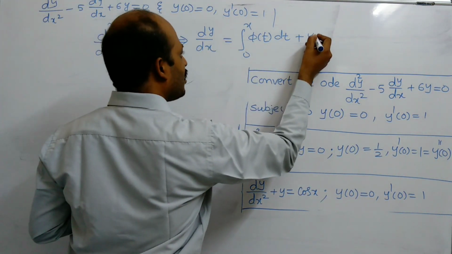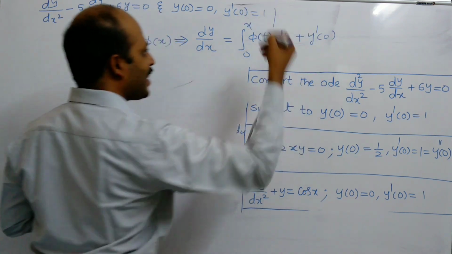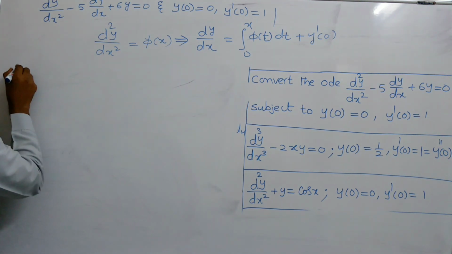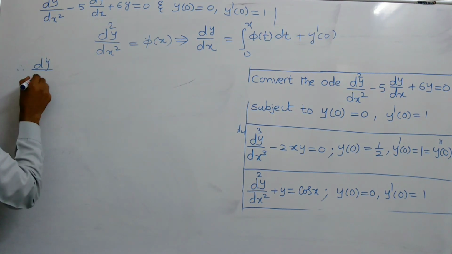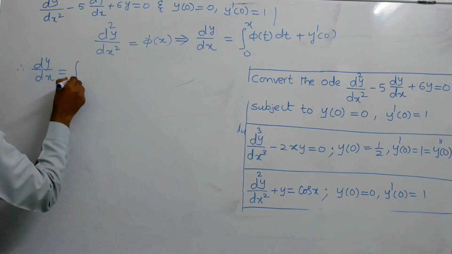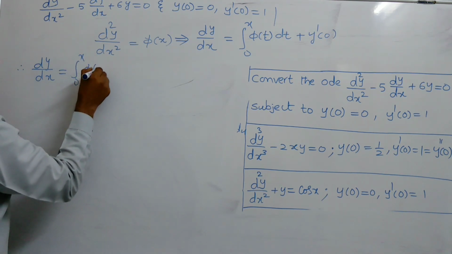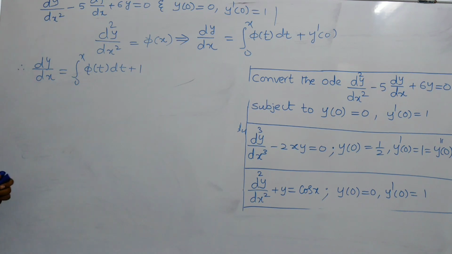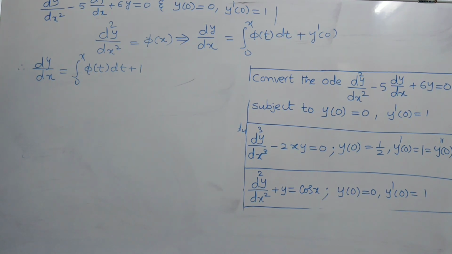You can use the constant y dash of 0. Here y dash of 0 is equal to 1. So dy by dx is equal to integral 0 to x phi of t dt plus 1. This is the first condition you have to write.